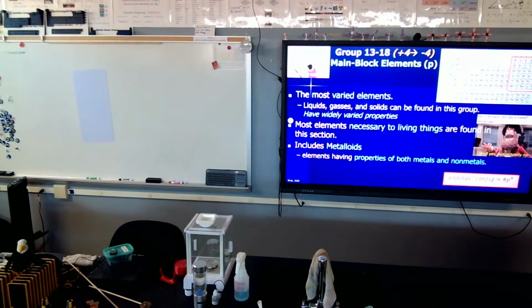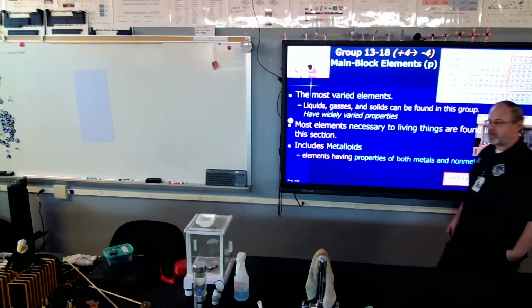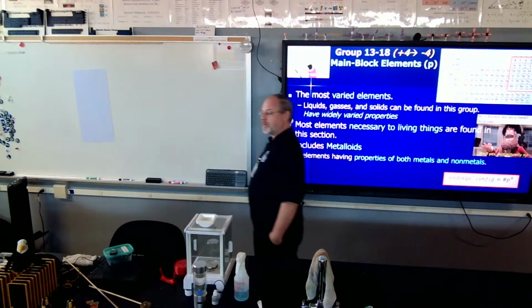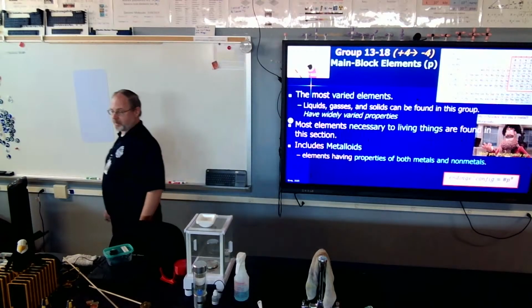That's what a metalloid does. It's an element that has properties of both metals and non-metals. We can make it behave like a metal or a non-metal as we need it to be. This is where we find elements like germanium, silicon, arsenic, antimony. If we need them to act like a metal, we'll make them act like a metal. If we need them to act like a non-metal, we'll make them act like a non-metal.